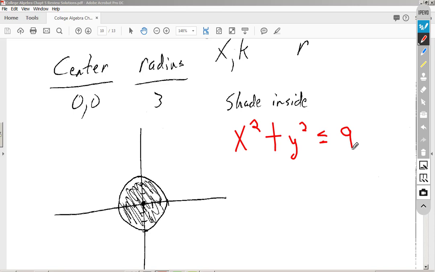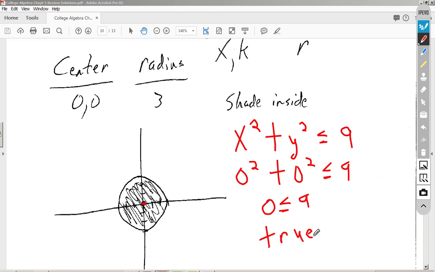I'm going to choose that point right here of 0, 0 and substitute it in. So I have 0 squared plus 0 squared is less than or equal to 9. That gives me the statement 0 is less than or equal to 9. So that's a true statement. So I'm going to shade where those points are at. That will be shaded inside, and that will be your answer.